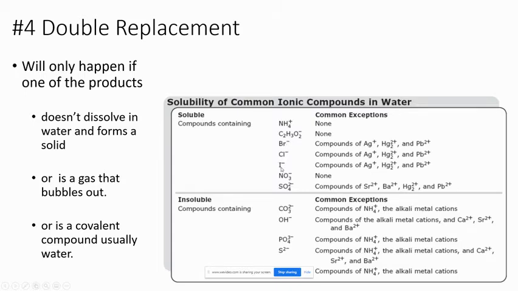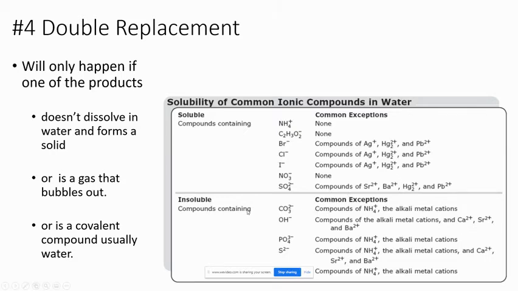Chlorine and iodine are the same. So chlorine is always soluble unless it's with silver, mercury, or lead. Okay. Nitrate, always soluble. Sulfate is always soluble unless it's with strontium, barium, mercury, or lead. So there you go. A lot of these things are always soluble. Just pay attention to the exceptions.